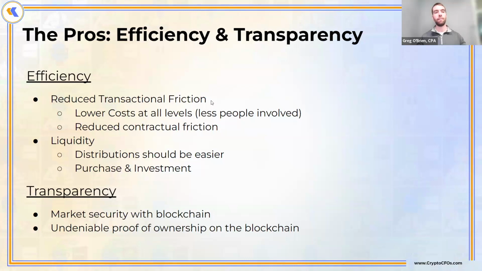So the efficiency and the transparency. Hypothetically speaking, there's going to be lower costs at all levels. Using tokens is going to overall lower the amount of what we'll call service providers involved in the deal. So think title insurance, think all the closing attorneys, think of all these parties involved when you're buying a primary residence.